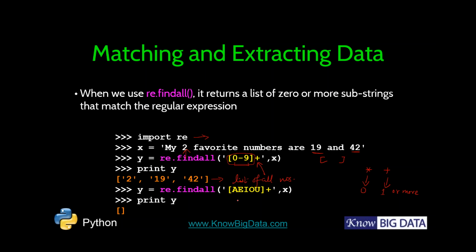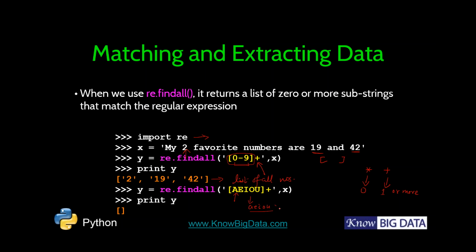Similarly, in the next example, any of the vowels a, e, i, o, u in caps, remember. If I write capital A E I O U, it really does not match lowercase a e i o u.